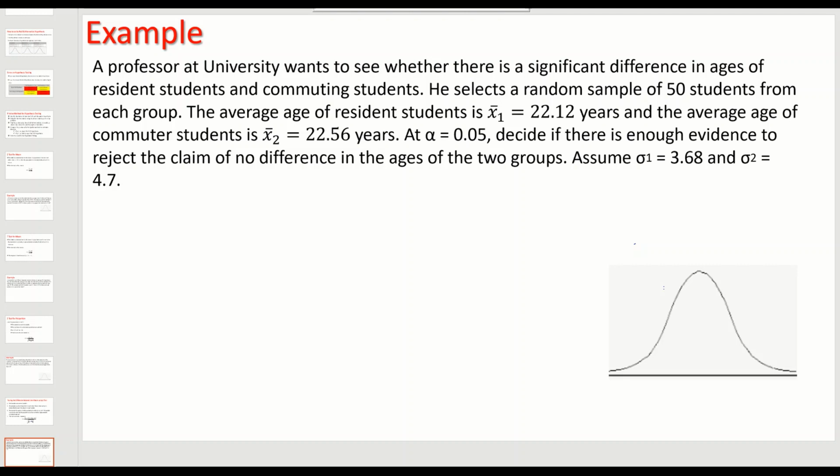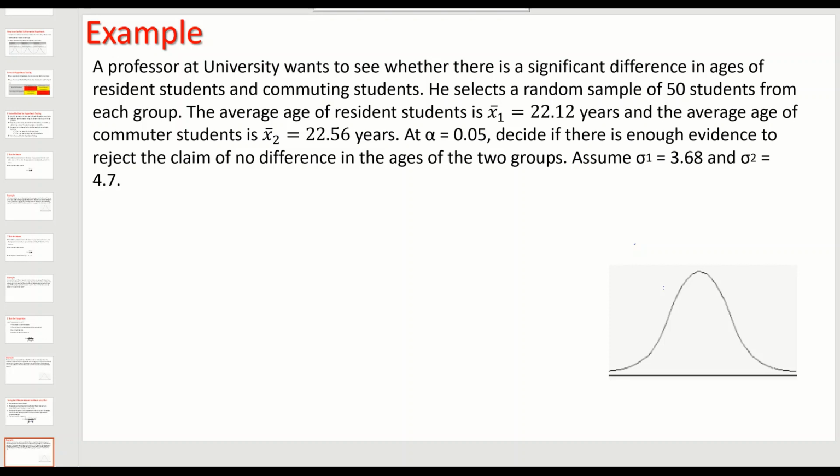The average age of a resident student, that is x bar sub 1, equals 22.12 years, and the average age of a commuter student, x bar sub 2, is 22.56 years. At alpha equal to 0.05, or 5% significance level, we have to decide if there is enough evidence to reject the claim of no difference.